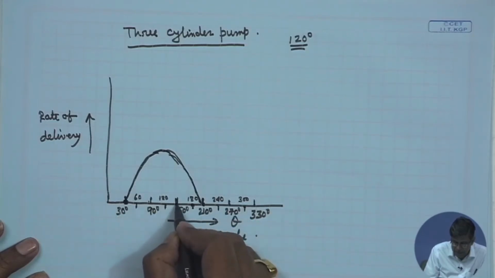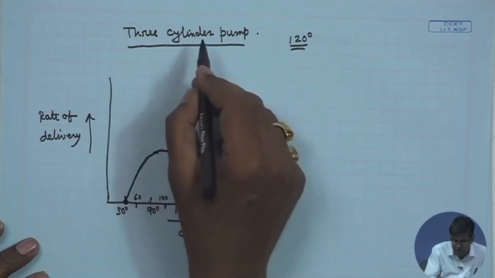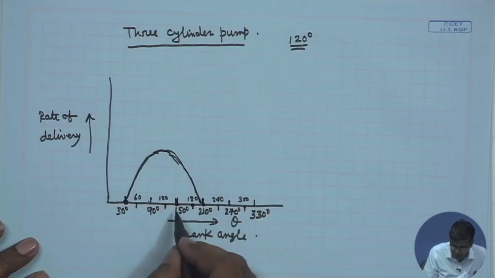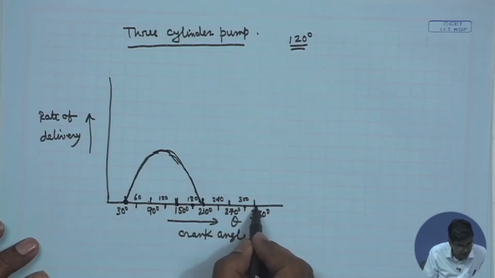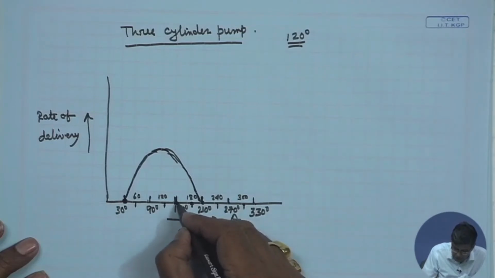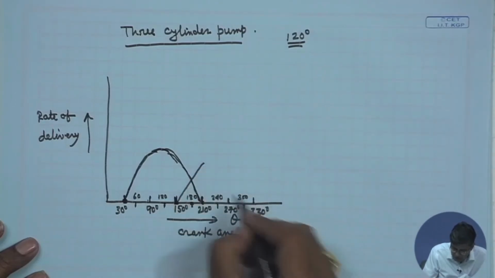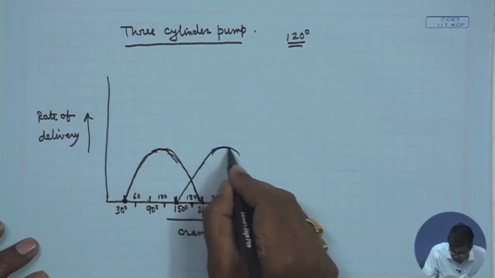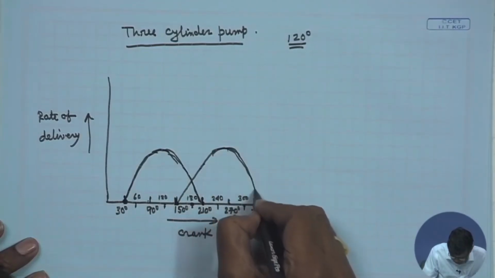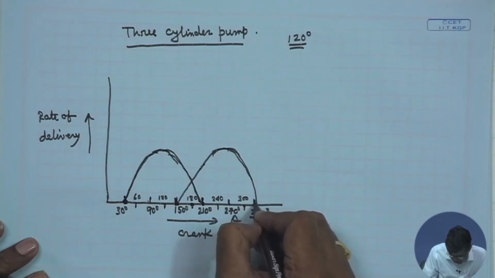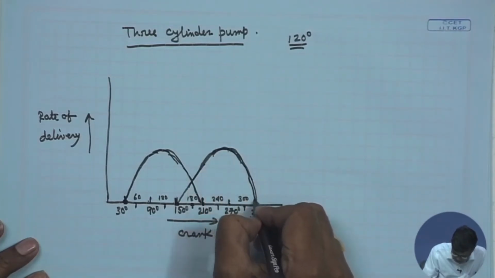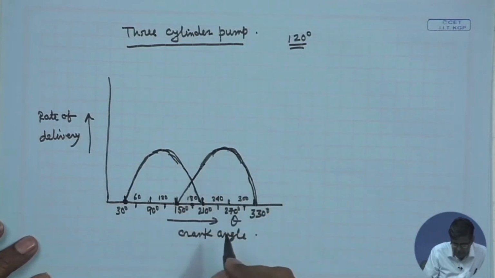Now, another cylinder which is 120° away, because of the 3-cylinder pump arrangement, may start at 150° and end at 330°. Let us consider the profile is the same, so it gives this.